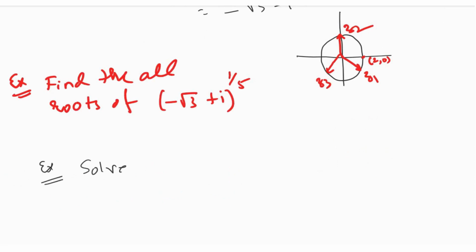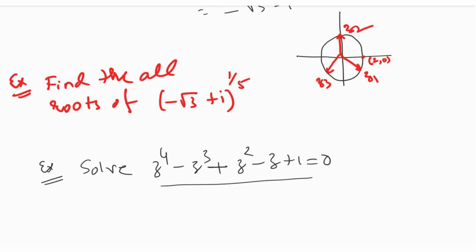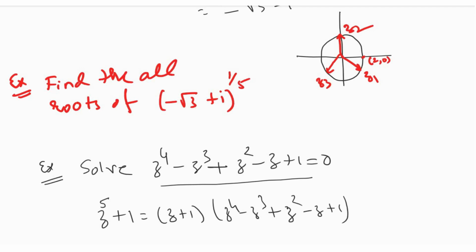Solve z raised to 4 minus z cube plus z square minus z plus 1 equal to 0. To solve this equation, we can observe one thing: z power 5 plus 1 I can rewrite as (z plus 1) into (z raised to 4 minus z cube plus z square minus z plus 1).